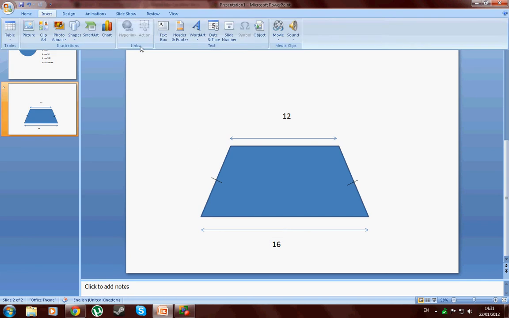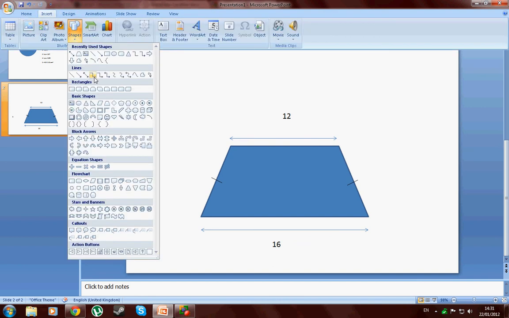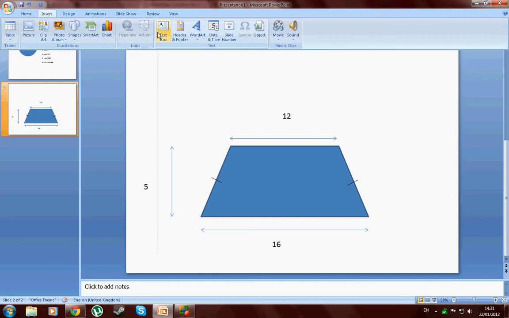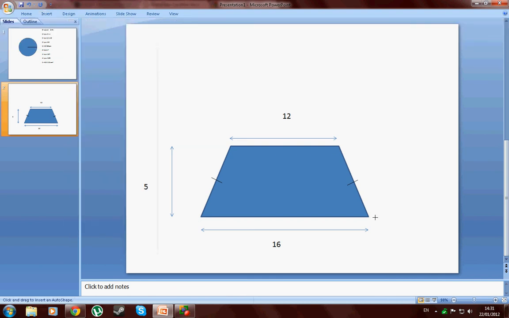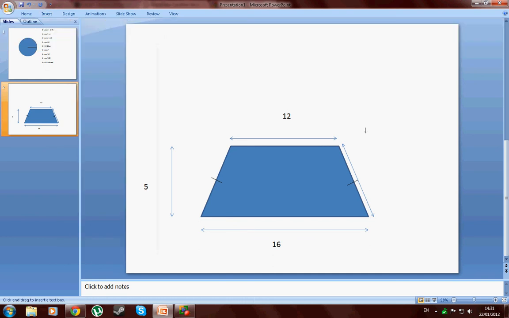The height we shall make 5. That's the height. And the length of the sides, which funnily enough we won't need for the area, but we will for the perimeter, will have to be more than 5, won't it? We'll make it 7.